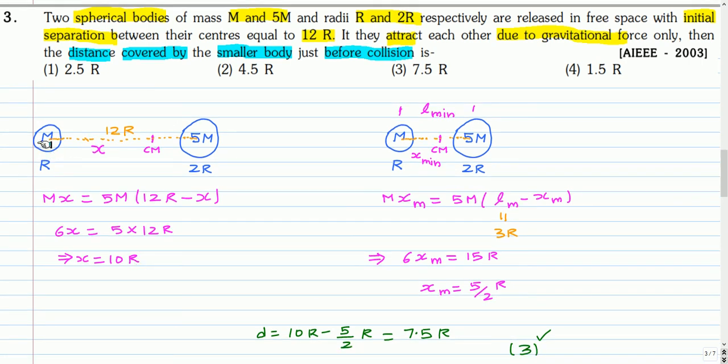So initially the masses m and 5m are separated by a distance 12r and their radii are r and 2r, and then they will approach each other. Say the minimum distance between them is L minimum, and let the center of mass be at a position x minimum from the smaller mass, and initially let the center of mass be at a distance x from the smaller mass.